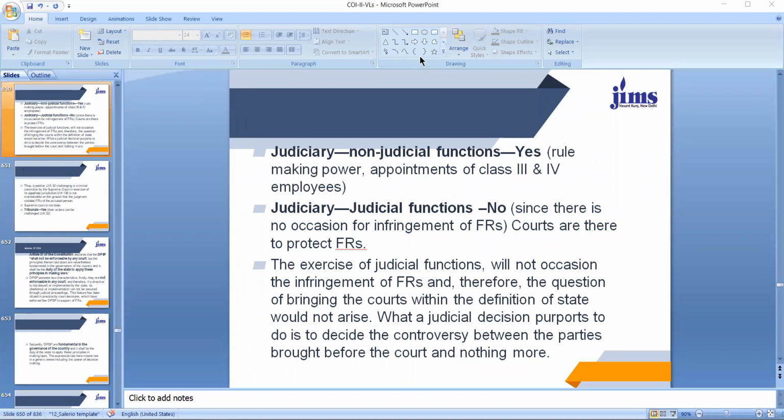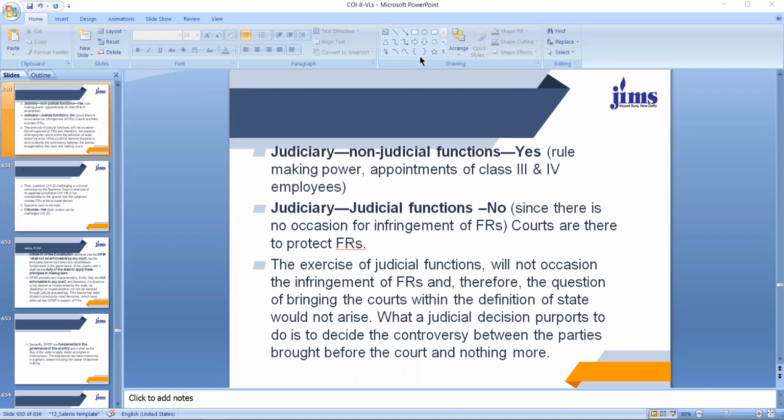But judiciary, while performing pure judicial functions, while deciding cases, they are not state. They are not in the definition of state, since there is no occasion for infringement of fundamental rights. Why? Because courts are there to protect fundamental rights, not to violate it.